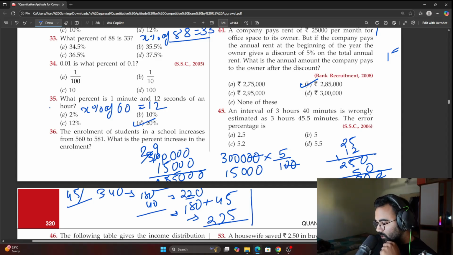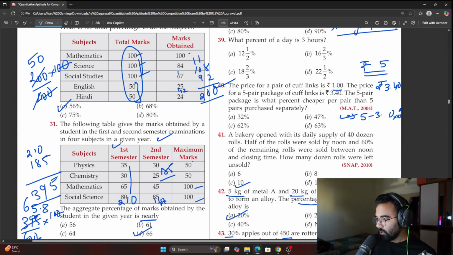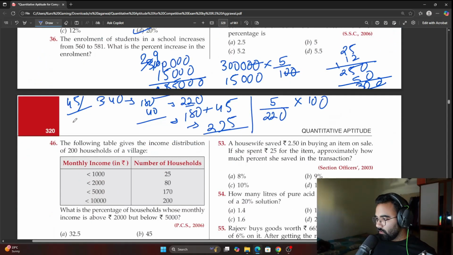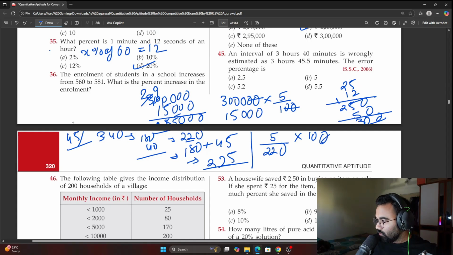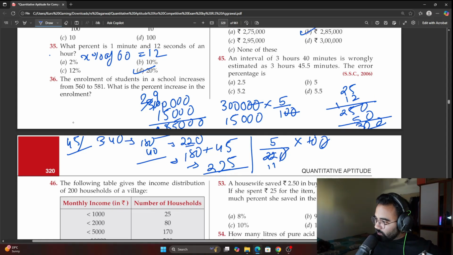The error percentage. What is the error percentage? So what is the difference? 225 minus 220 gives you 5. What was the actual one? That is 220. Simply cut this. 2 11s are, 2 5s are, 5 5s are, that is 25 upon 11. 11 2s are 22.